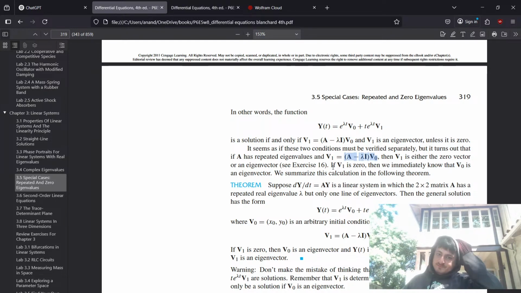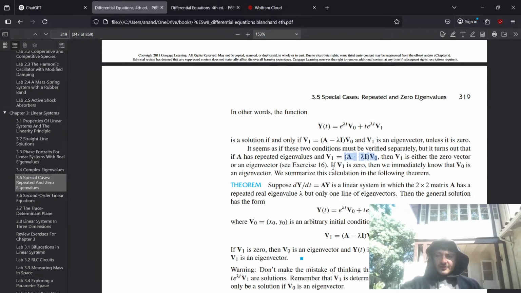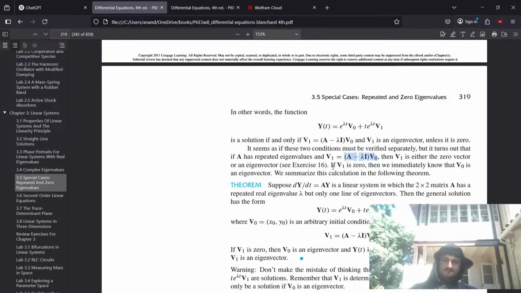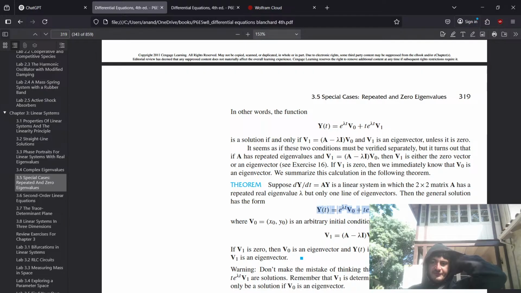Okay, theorem. Suppose dy/dt = Ay is a linear system in which the 2x2 matrix A has a repeated real eigenvalue lambda, but only one line of eigenvectors. The general solution has the form where v0 is an arbitrary initial condition and v1 is determined from v0. Oh, yeah, okay.